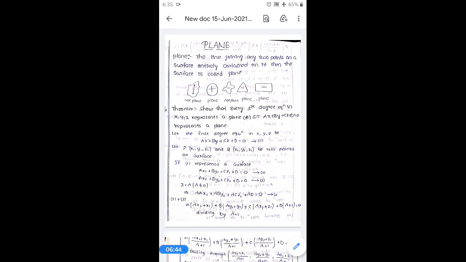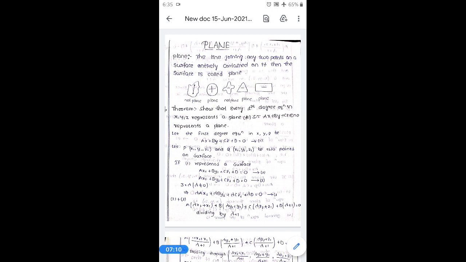This implies Ax2 plus By2 plus Cz2 plus D is equal to 0. Call it 3. What is equation 1? Ax plus By plus Cz plus D equal to 0 is the first degree equation in x, y, z. P and Q lie on the surface represented by 1.